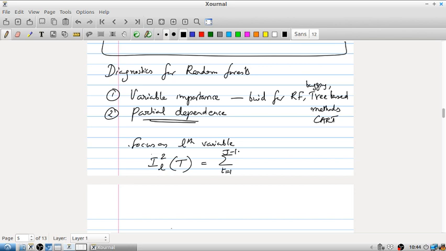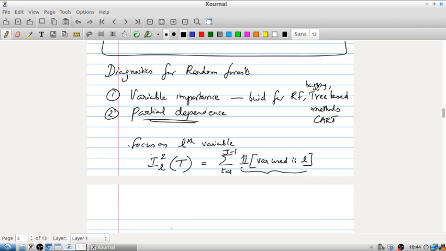So if a tree has 10 terminal nodes, then it will have 9 internal nodes. So that's why the summation. We are just summing over every internal node and asking, did we use, so is the variable used L or not, basically. So I've put something like an indicator function.